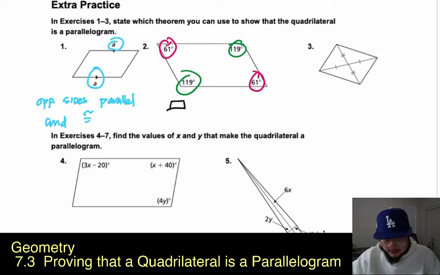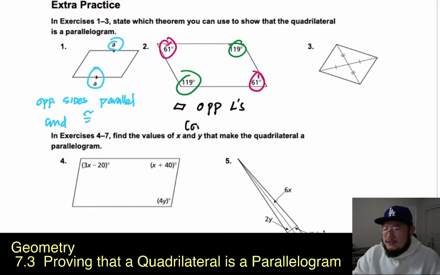We could say parallelogram opposite angles converse, and I'll go ahead and use a little symbol to represent a parallelogram. We'll have opposite angles converse. And don't forget to make sure you add converse.